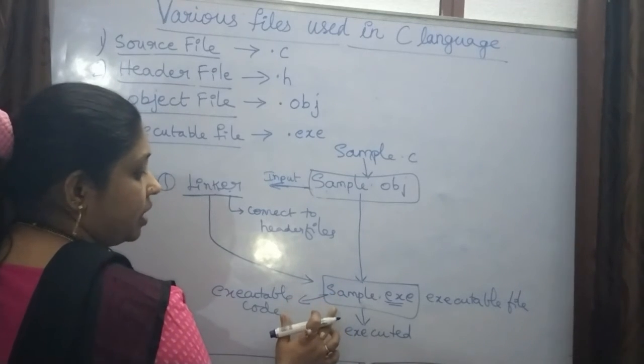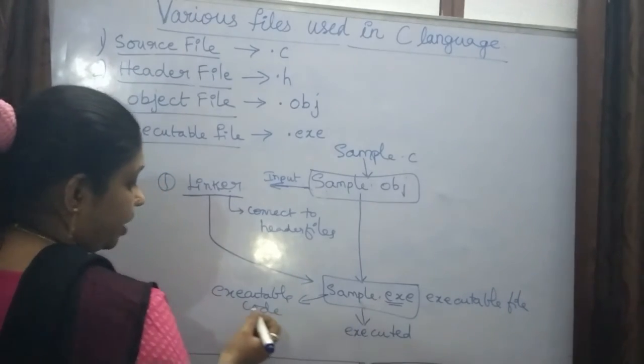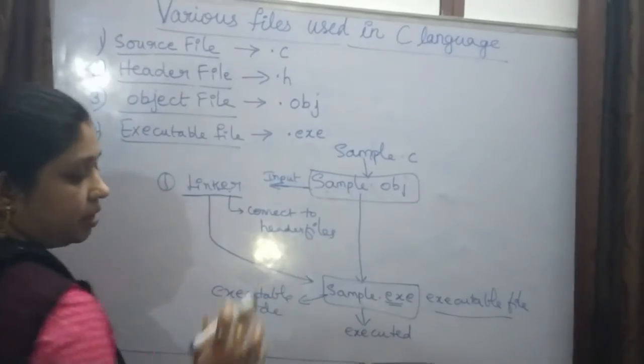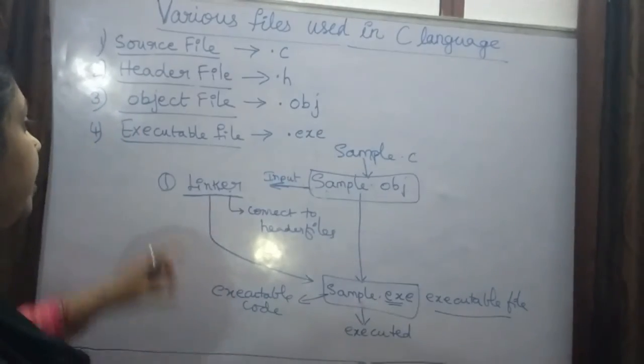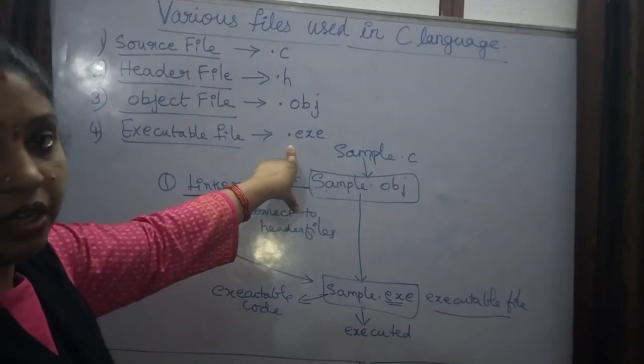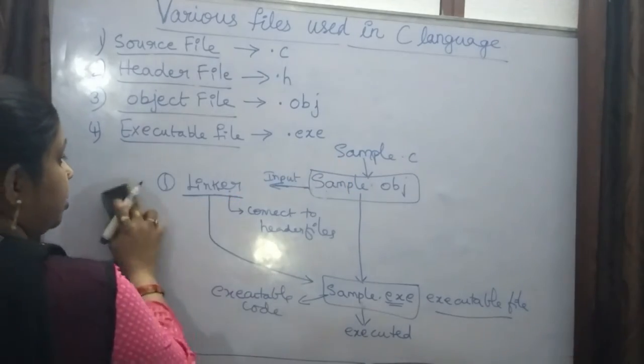Now this code is executed by the operating system, so you call it an executable file. The executable file is identified by the .exe extension.